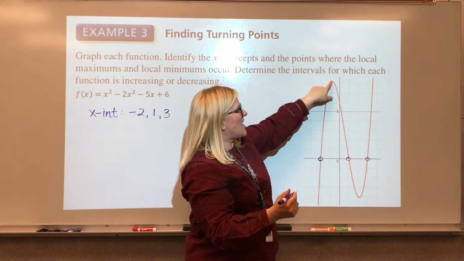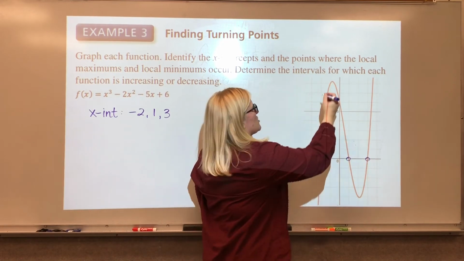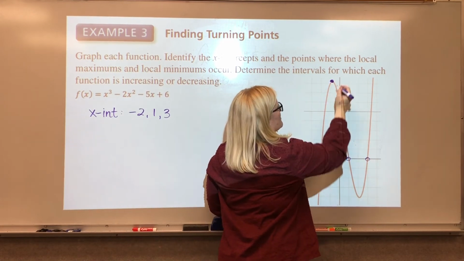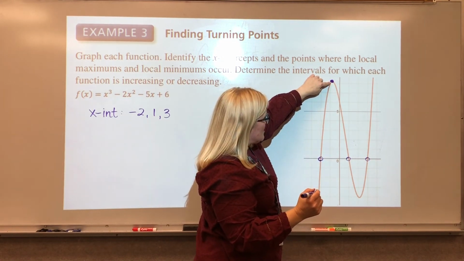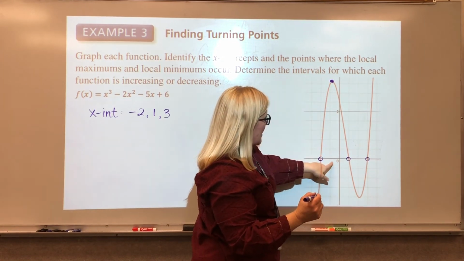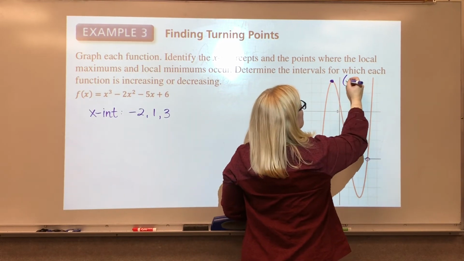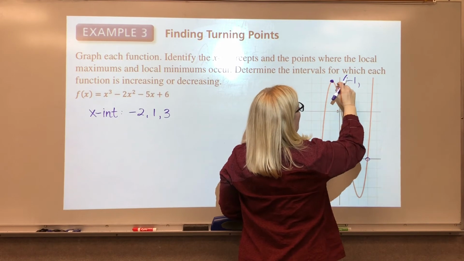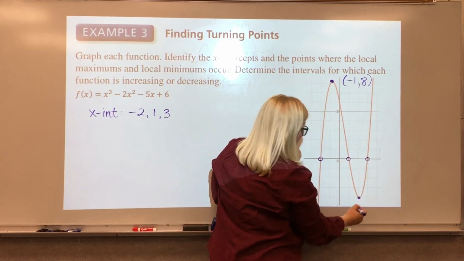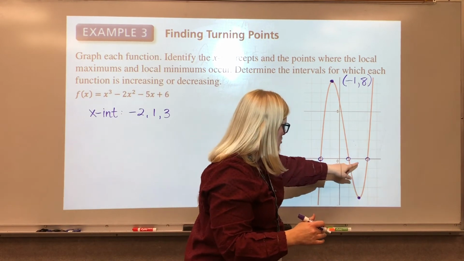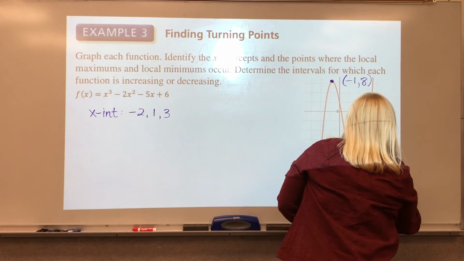You can see that it's a little bit to the right of this line right here, but I'm just going to say it maxes out at -1. So my maximum is -1, 5, 6, 7, 8. And my local minimum is approximately 2, -4.